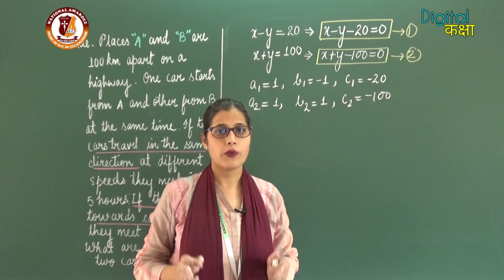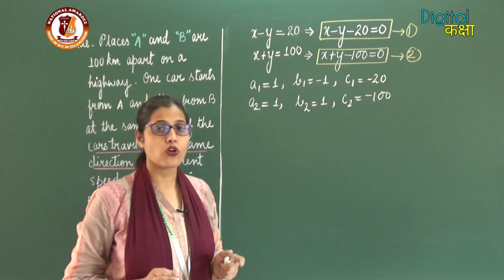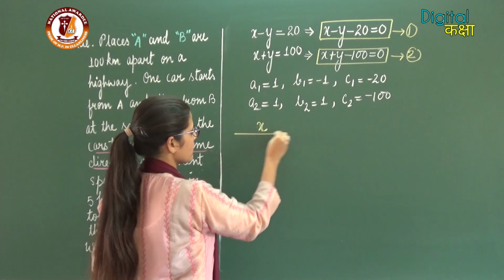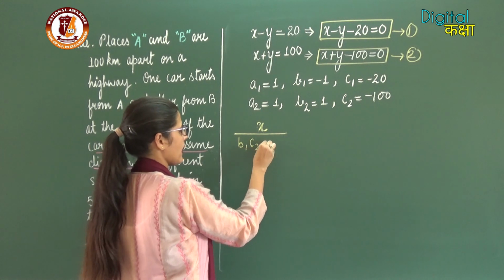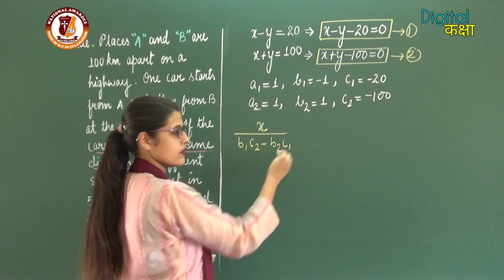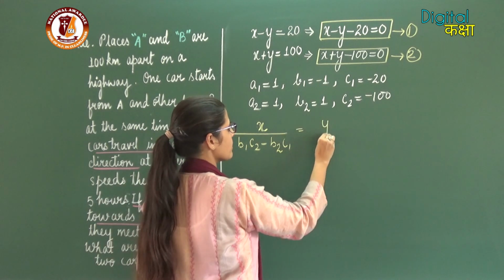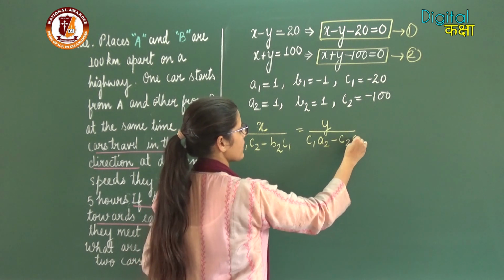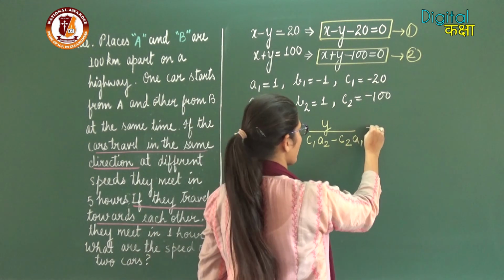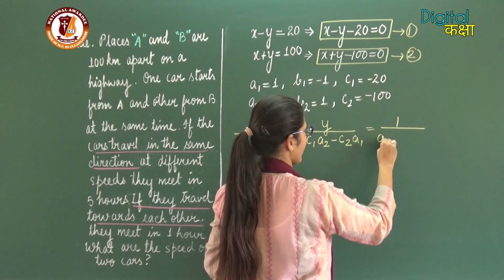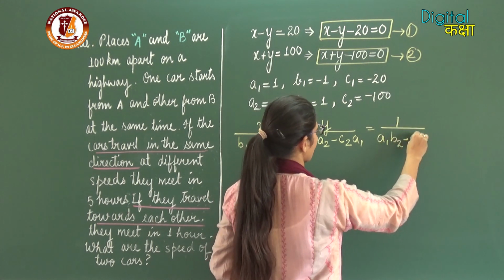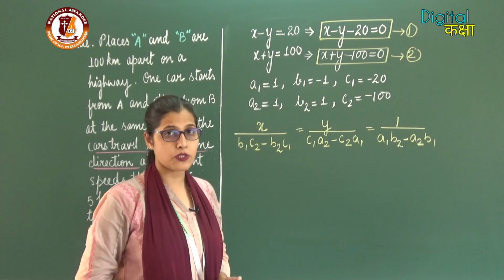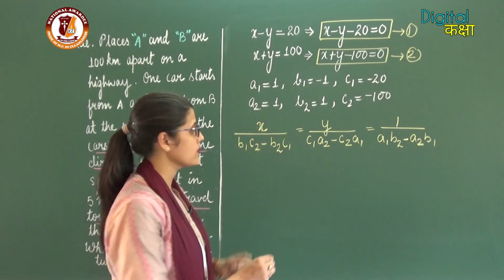Then after this, we will be using the formula for the cross multiplication method, which is x upon B1C2 minus B2C1 equals y upon C1A2 minus C2A1, which is equal to 1 upon A1B2 minus A2B1. After writing the formula, we will be substituting the above values.